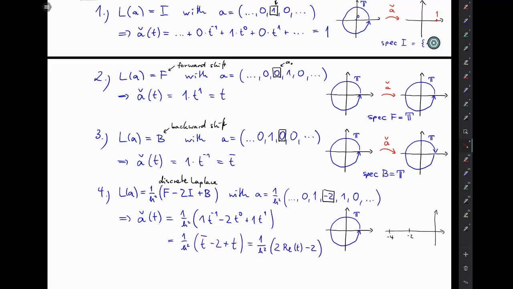So if we again let t run around the unit circle, then let's first look only at this bracket. What's this doing? Well, we have 2 times the real part. So the real part is just what you see from t projected down to the real axis. 2 times, and then you subtract 2. So you're starting at 0.